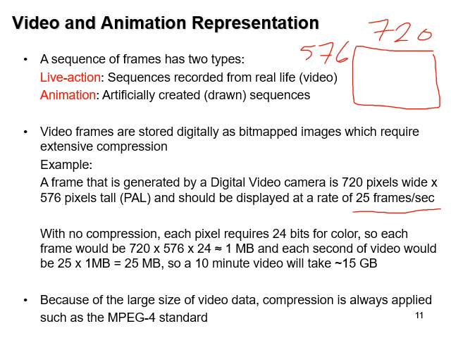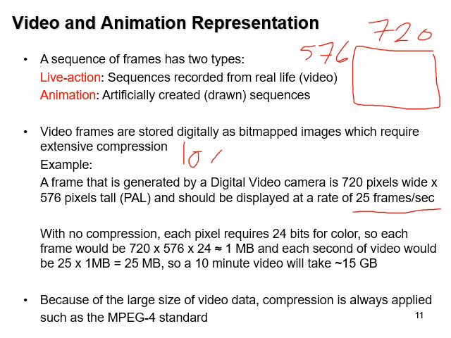If we try to estimate the size of this video, assuming that this video is 10 minutes long, this is how it would be. You have 10 minutes of video. How many seconds do we have in a minute? The reason we're converting to seconds is that the rate is given as 25 frames per second.